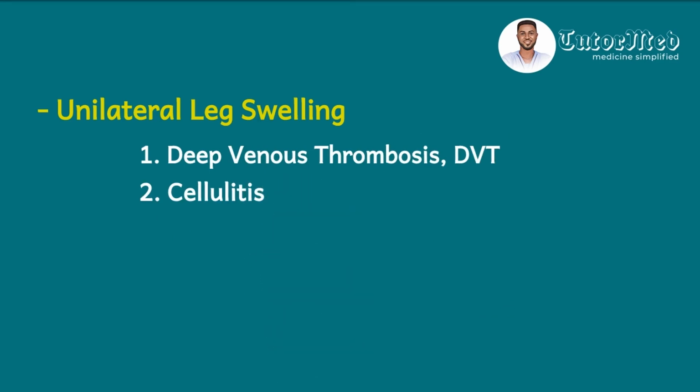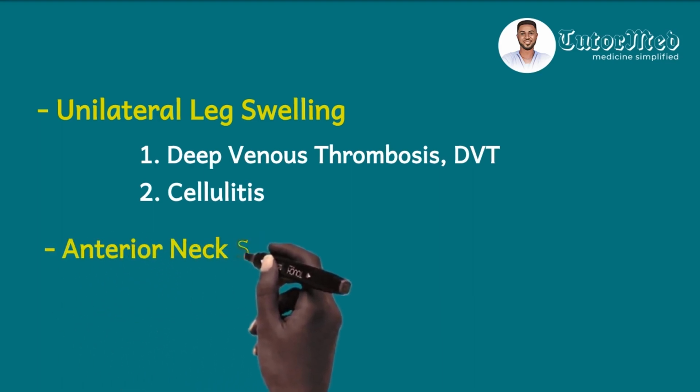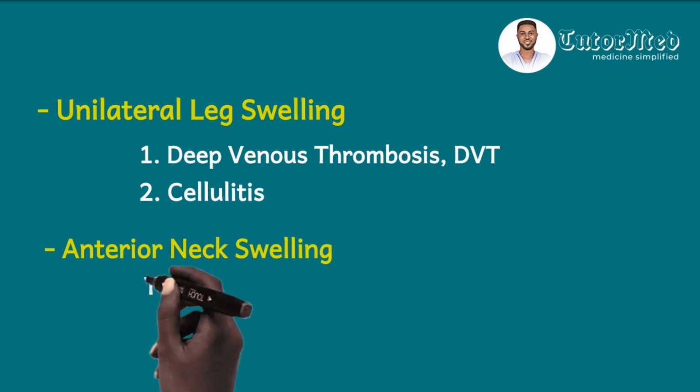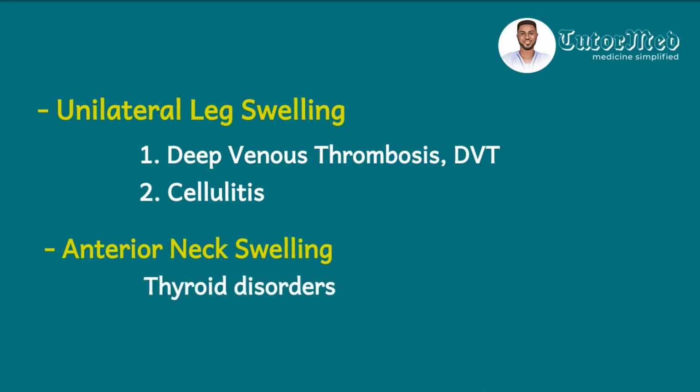Another condition you should be aware of in a general examination is an anterior neck swelling. Obviously, you need to focus on thyroid disorders, particularly hyperthyroidism and hypothyroidism. The signs to pick up, how to present your case, how to investigate each of them, how to interpret thyroid function tests, and how to manage each of them.